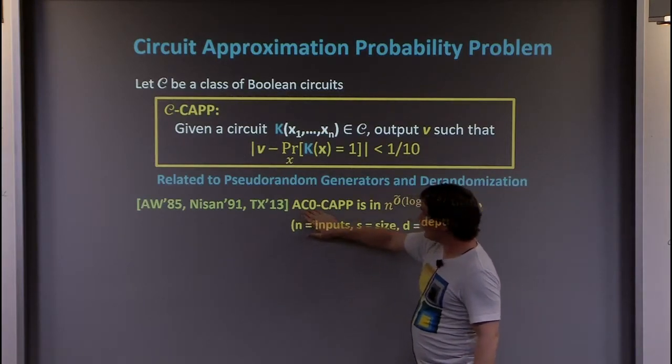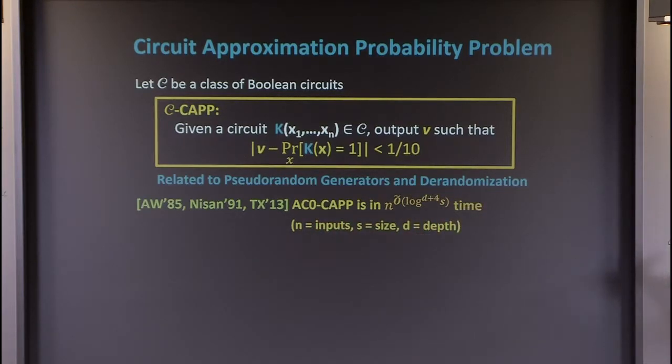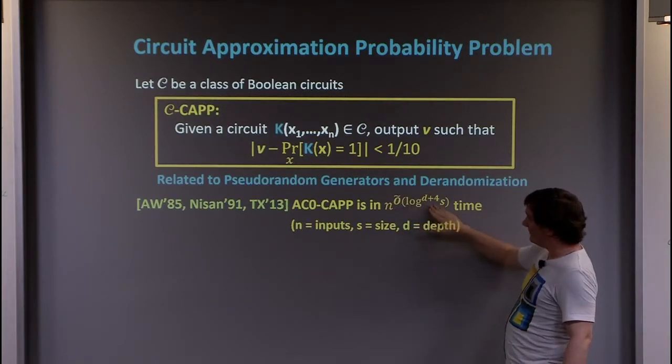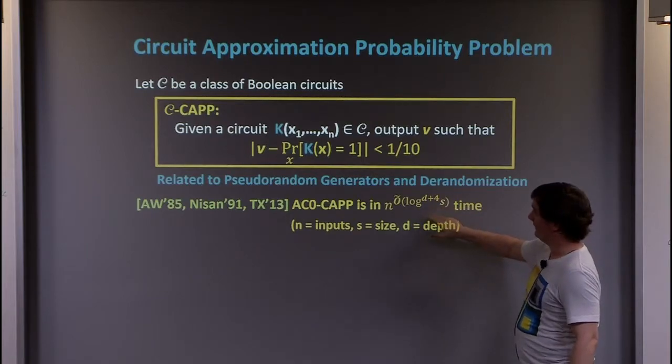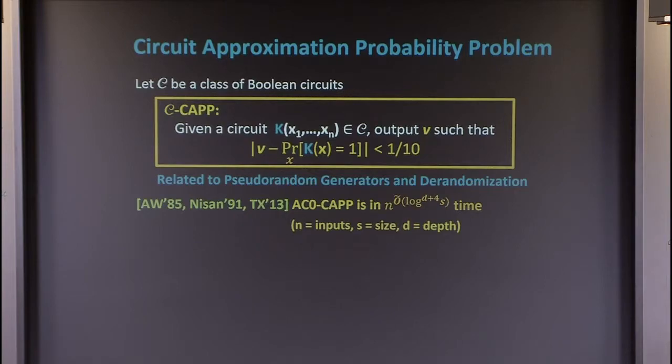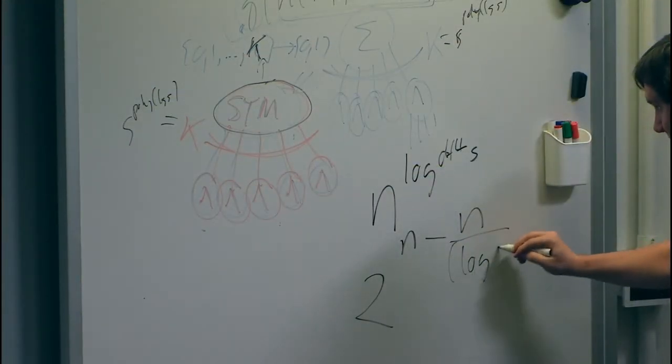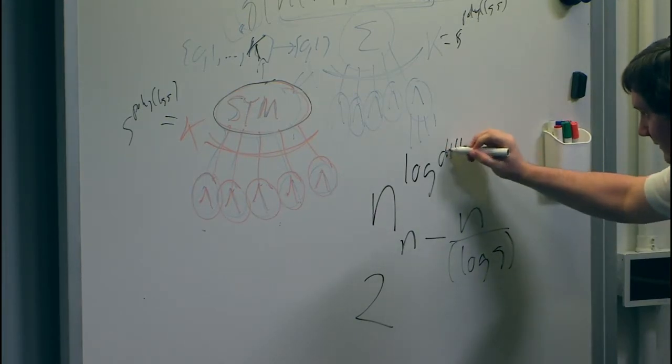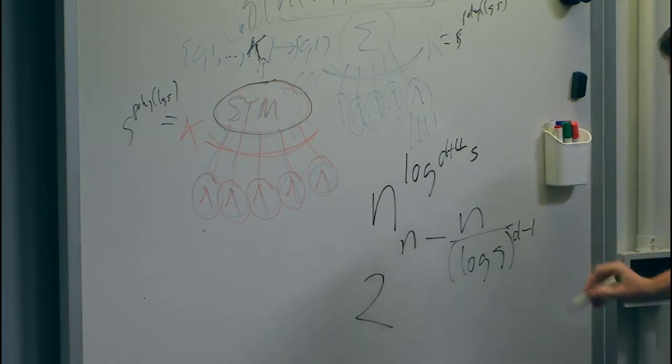All right? So for AC0 circuits, if you want to approximate the probability the thing accepts, you can do it in time quasi-polynomial in the circuit size. Okay? But you again have some sort of exponential factor in the depth, so, I mean, it's worth comparing these two things. So I had log^4 s for this, and for SAT, I had something like this.